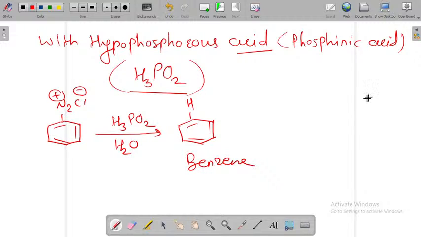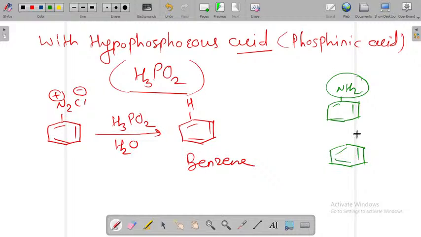Ultimately, we have removed this NH2 group from the benzene ring, and we prepare this benzene with the help of this diazonium salt.